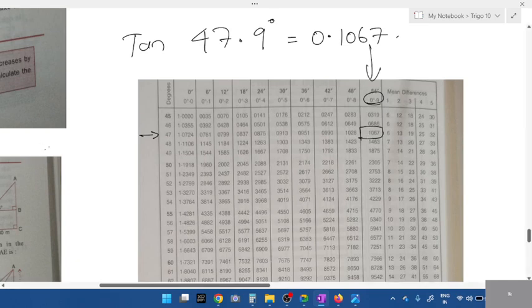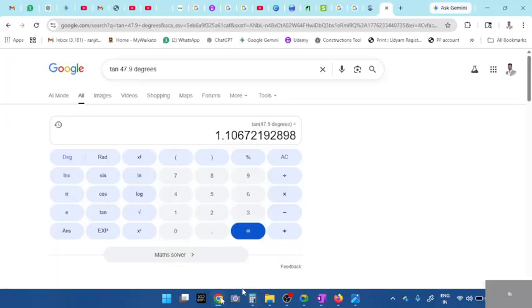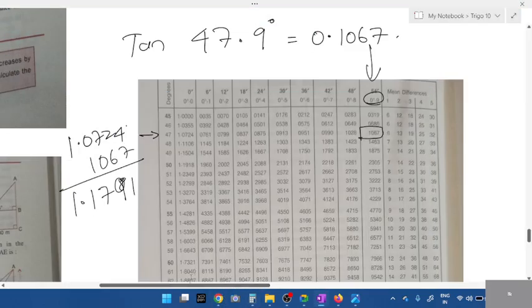I have to take 1.0724, and along with that I need to add 1067. 1.10. No, just a minute. 1 point, that is from the first column.